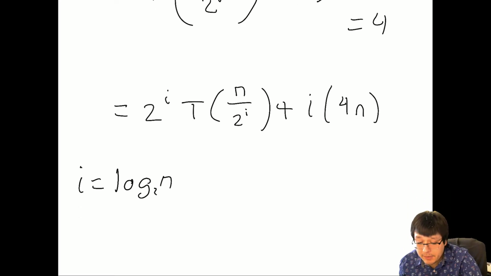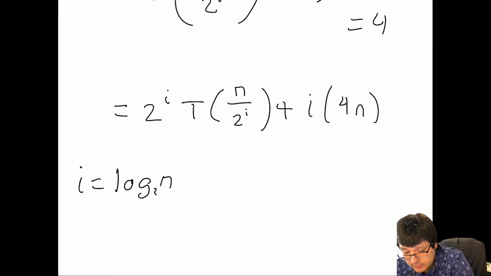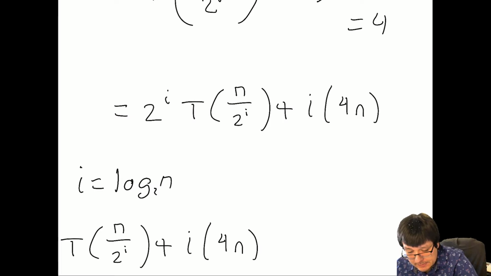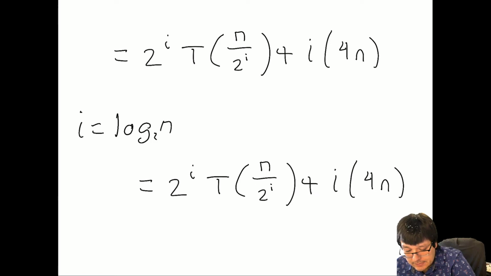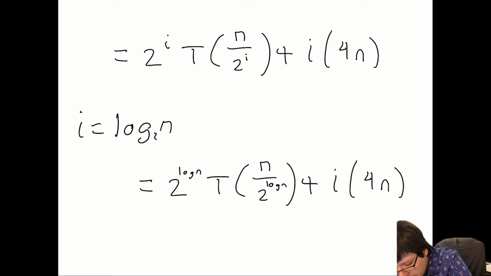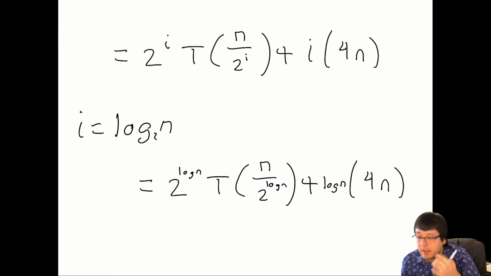Literally copy and paste it everywhere you see it. Here we're going to put log of n, and then down here log of n, and then up here log n. So we're just basically plugging it in.